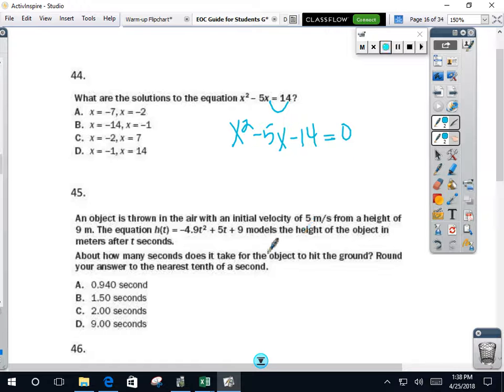Now graph it and look at where it crosses the x-axis. Let everybody have a chance to graph it before you yell out answers.